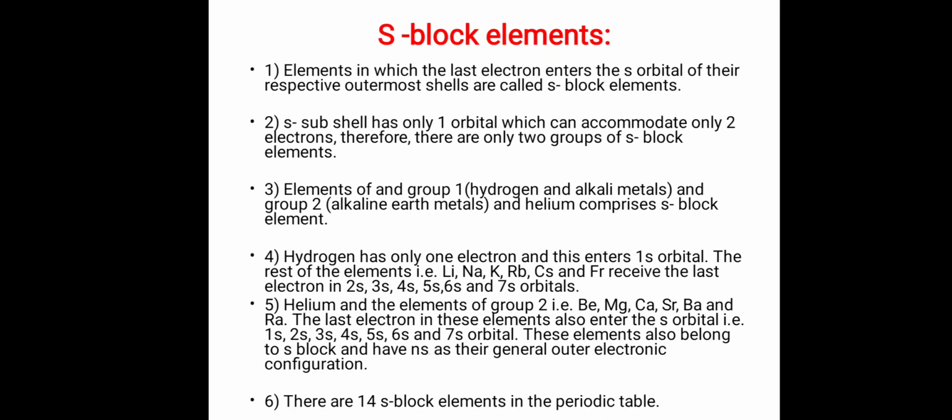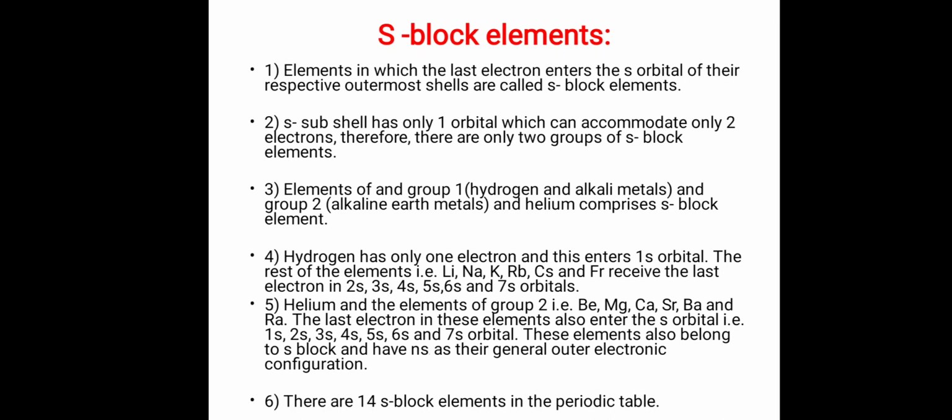s block elements. Elements in which the last electron enters the s orbital of their respective outermost shells are called s block elements. The s subshell has only one orbital, which can accommodate only 2 electrons. Therefore, there are only 2 groups in s block elements: group 1, the alkali metals, and group 2, the alkaline earth metals.